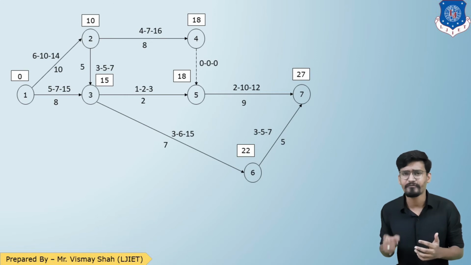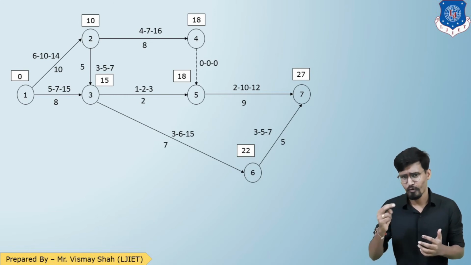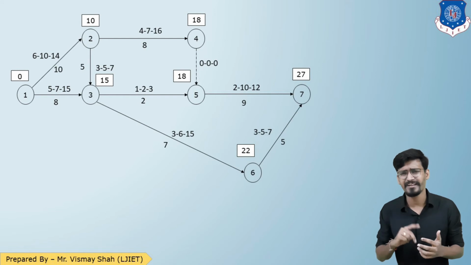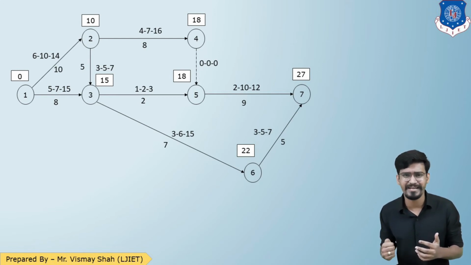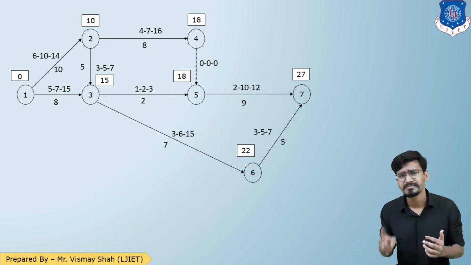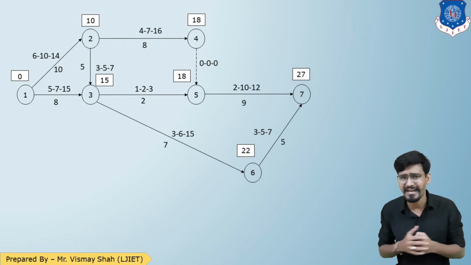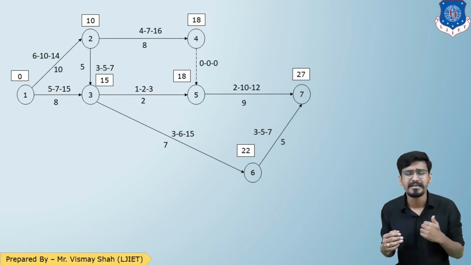Now for event number 5, there are 2 ways, 4 to 5 dummy and 3 to 5. So 4 to 5 dummy is 18 plus 0, 18. And 3 to 5, 15 plus 2, 17. So the maximum is 18. Now event number 6, there is only one path, 3 to 6. So 15 plus 7, 22.